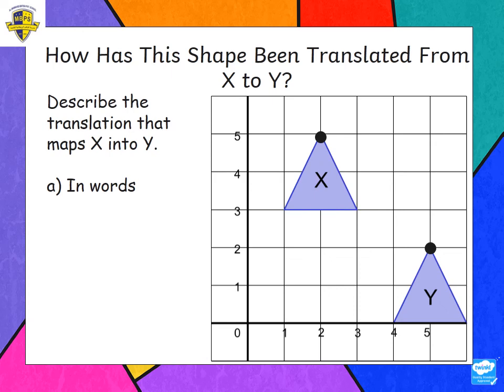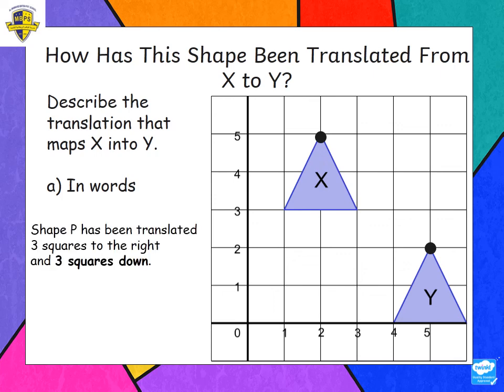So look here, let's check, do we move left or right? Excellent, we move to the right. How many steps? 1, 2, 3. Good. From 2 to 5, this is 3 squares to the right. Then do we move up or down? Good, down. So from 5 to 2, how many squares down? Good, 3 squares down. So the translation here was 3 squares to the right and 3 squares down.